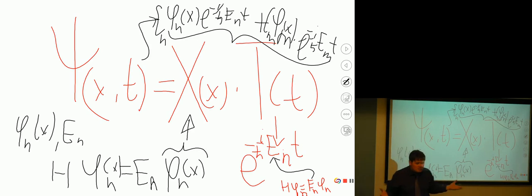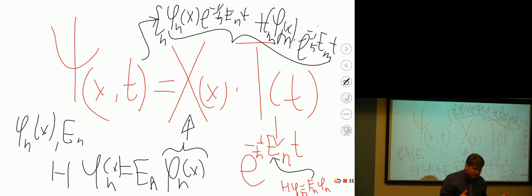And now we need to make a search in the space. Which of this infinite number of solutions will match the past that we want to start from? If you want to go from a certain past to the future that we want to predict, at a certain time in the past we had a specific shape of the wave function.